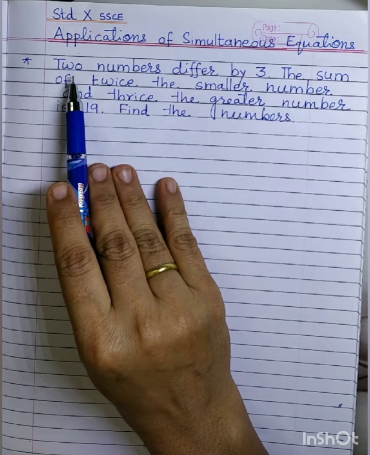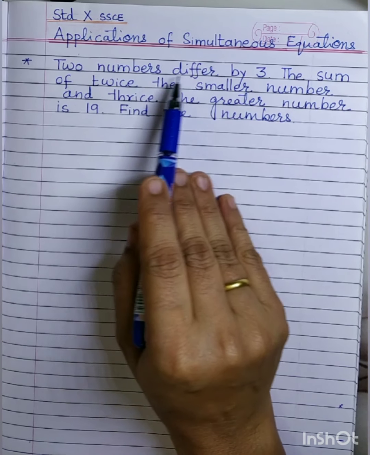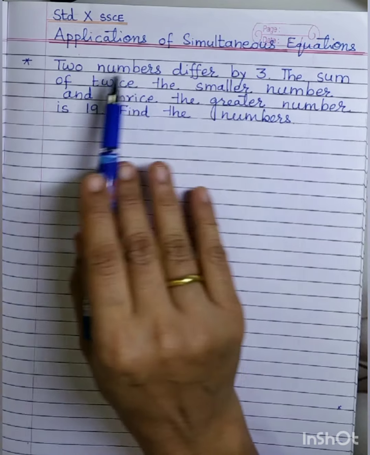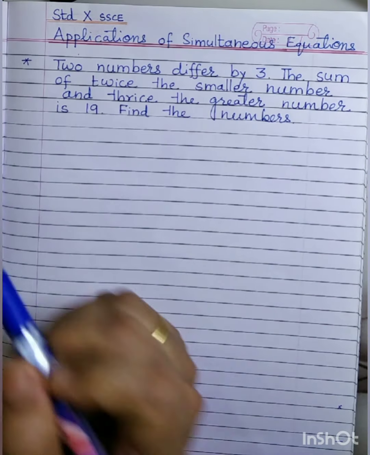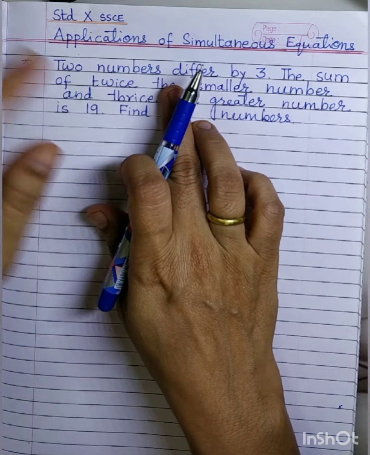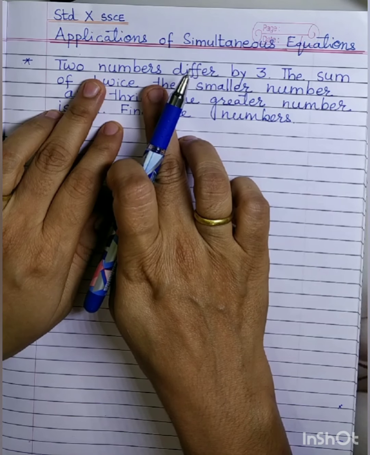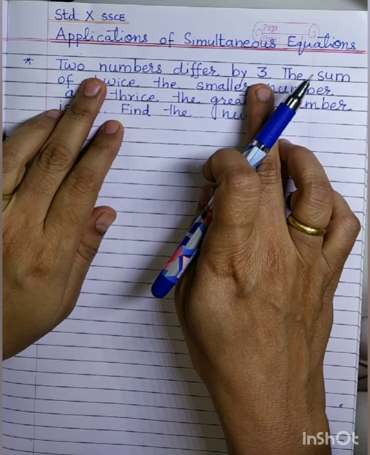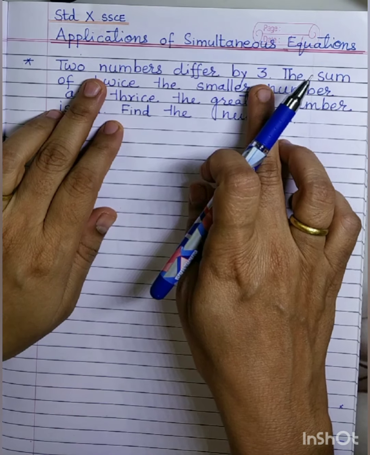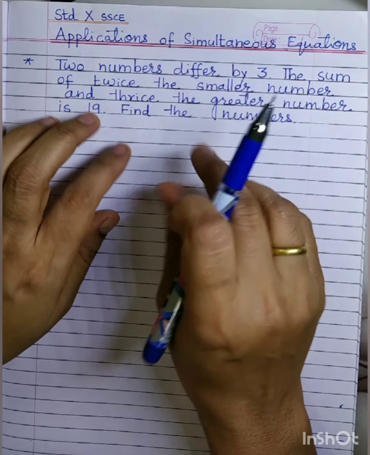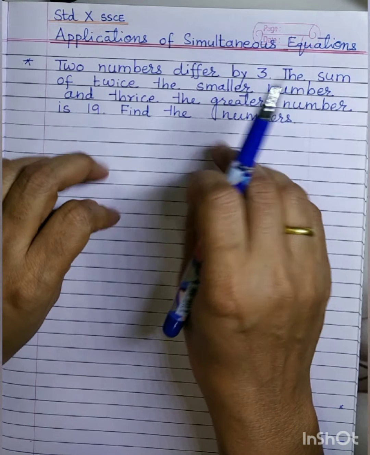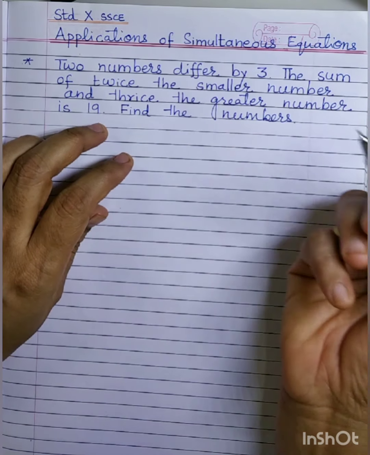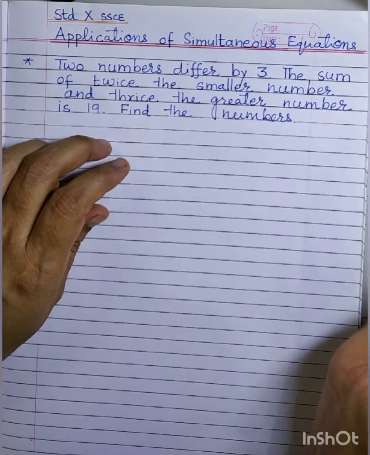First read the question. Two numbers differ by 3. Reading only this much part of the question, what comes in your mind is that we are talking about two numbers, they differ by 3, which means one is smaller and obviously the other is bigger. All these things should come in your mind as you read the question, and reading the question is very important here.